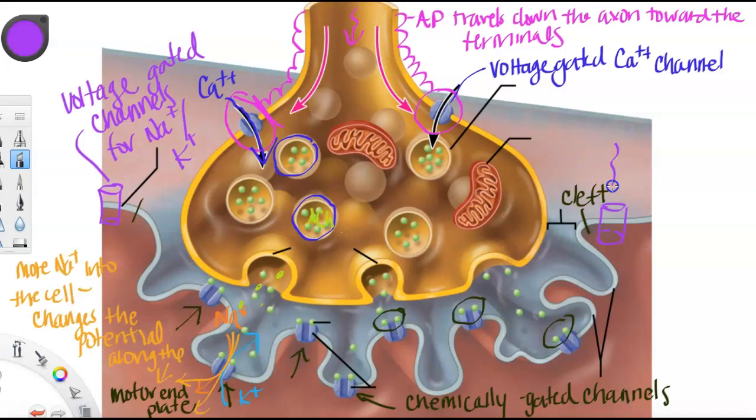The first ones that open up are going to be for sodium. And then those are going to cause the opening of the next one, which would be for potassium. And potassium's going to go out. So that action potential, that change, is going to be propagated down the sarcolemma.